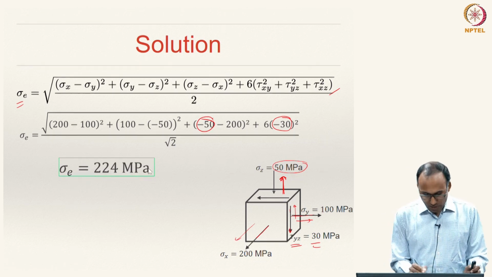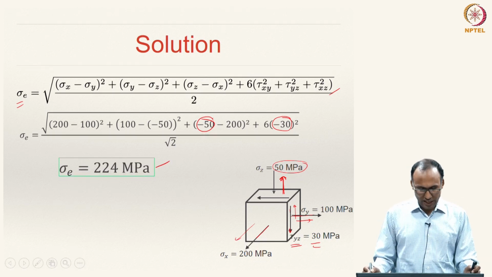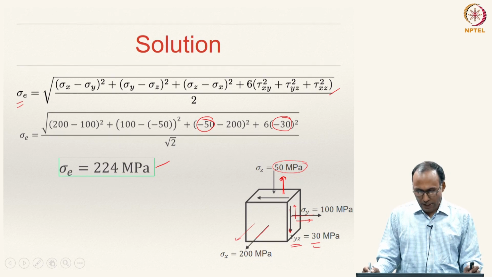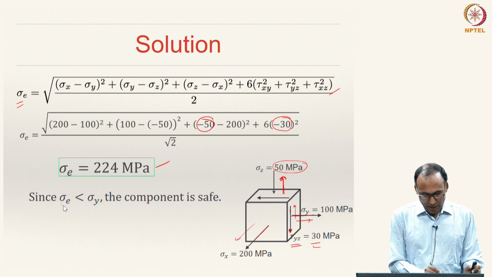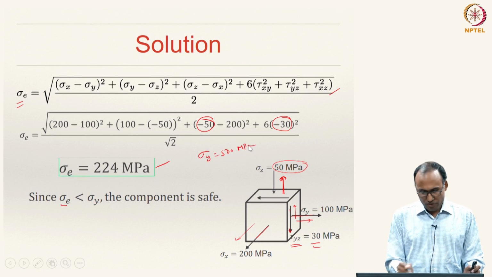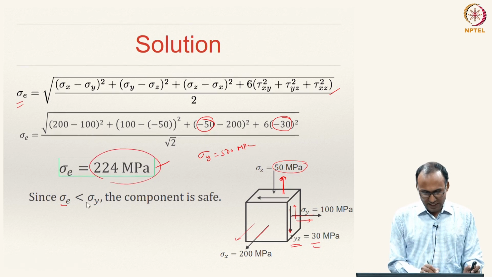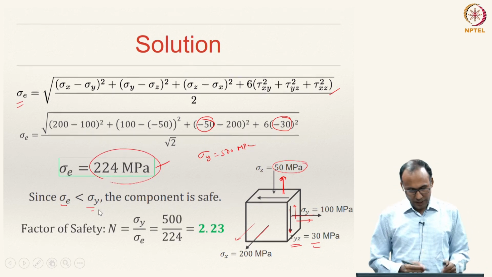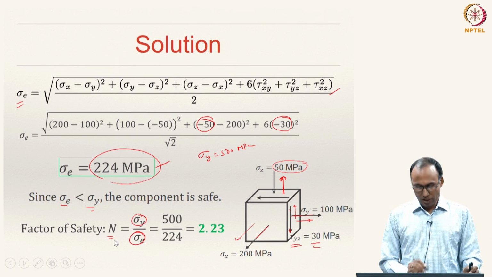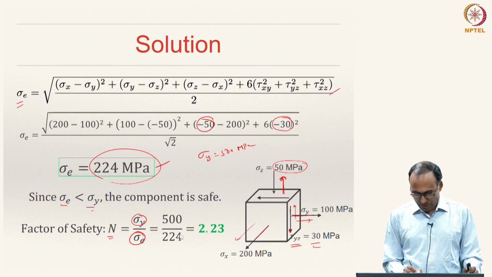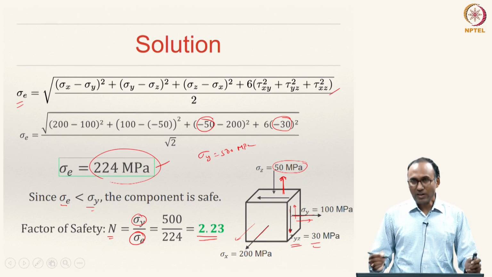So, you are getting your equivalent stress by this calculation to be 224 MPa. Since the sigma E, what is sigma y? 500 MPa. Since this value is less than sigma y, the component is safe, and the factor of safety is yield strength divided by the equivalent stress, and hence that becomes 500 by 224, that is about 2.23, that is our factor of safety.